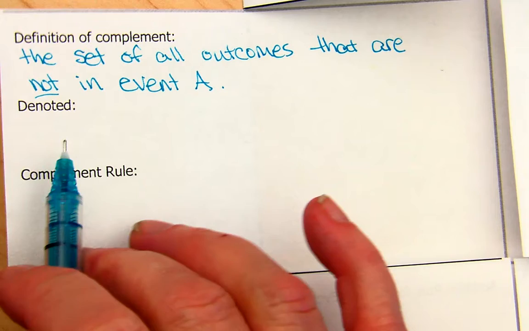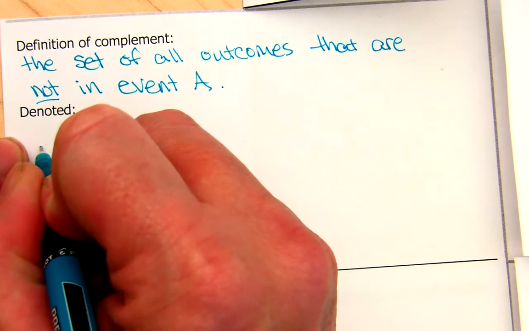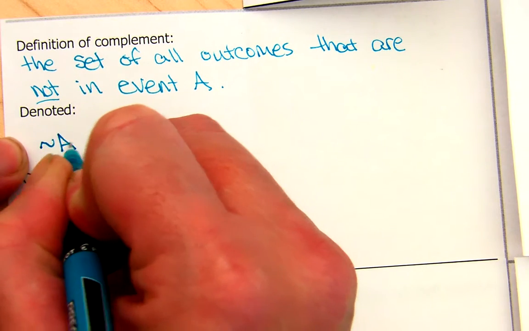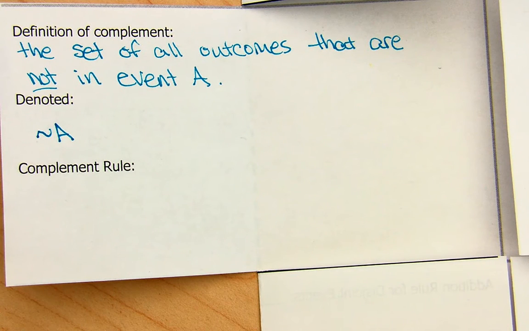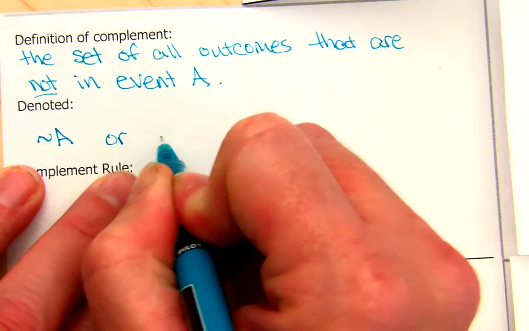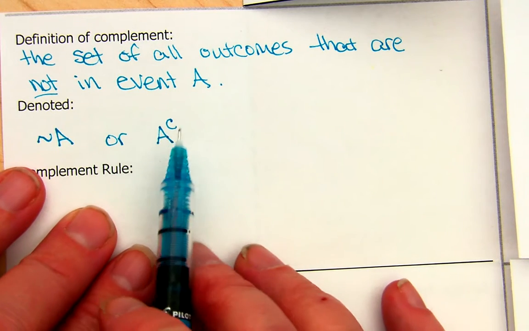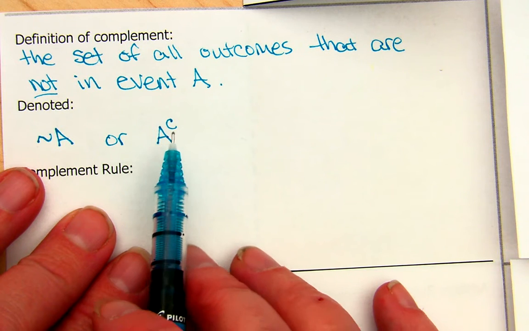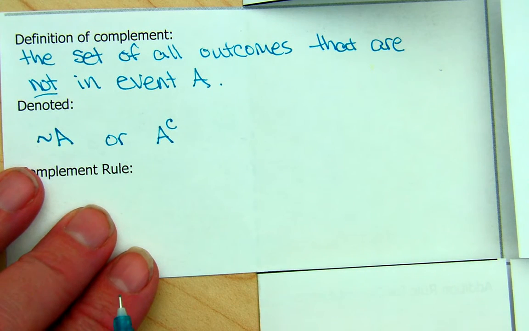So the notation, there are several different ways this can be notated. Sometimes you'll see it with a little tilde in front of the A, which is not A. Or sometimes it will be A with a superscript C, so it's A complement. That's how that would be read.